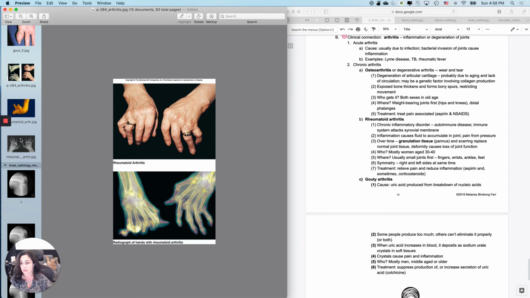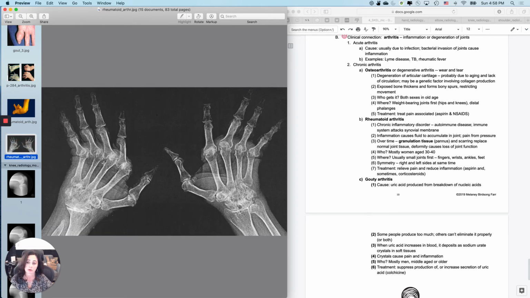You can see the x-rays here. Here's another x-ray of rheumatoid arthritis as well. The scar tissue, which is replacing the tissue that used to be there, will not allow for normal function any longer, and you get this granulation tissue or scar tissue in the joint. And this tends to be a progressive disorder.